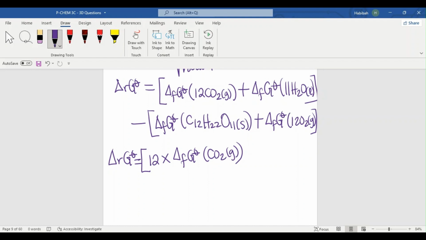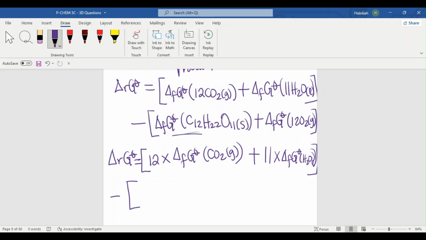Just the compound. So we have to bring out the coefficient, in this case 12, and rearrange it that way before we can start to solve. So we have 11 times the Gibbs energy of formation for the compound, which is just H2O, liquid. So all of that minus, do the same thing here. Here our Gibbs energy of formation is going to remain the same.